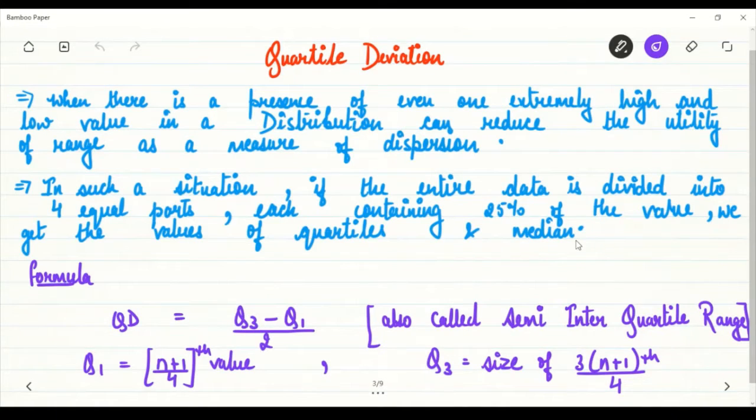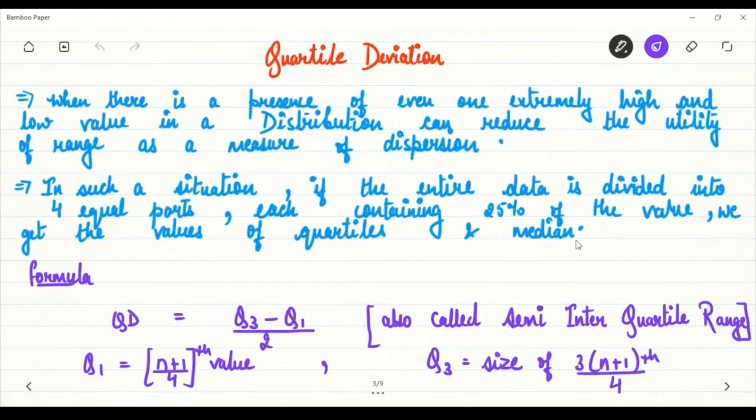So why do we need to calculate quartile deviation? When our distribution has extremely high and extremely low values, we use quartile deviation as our measure.